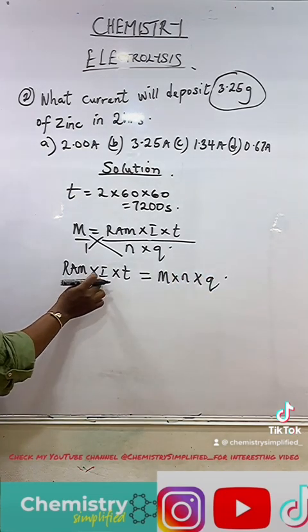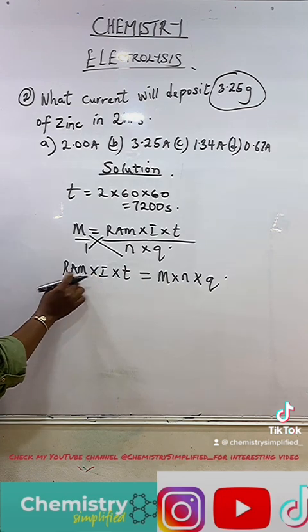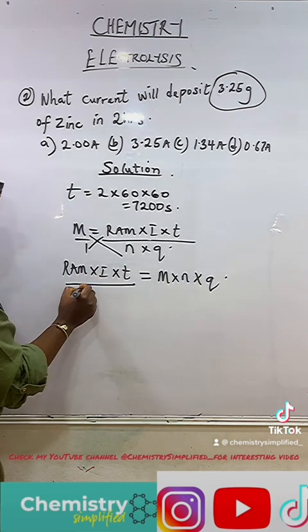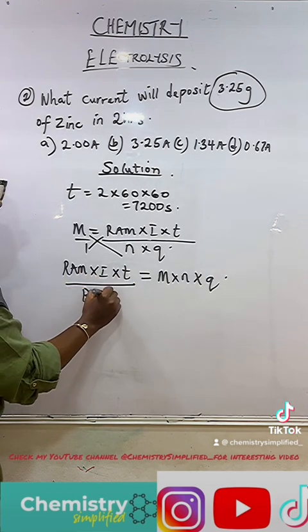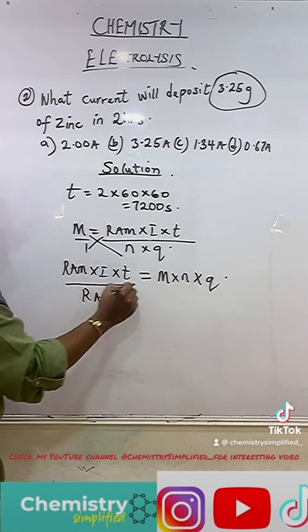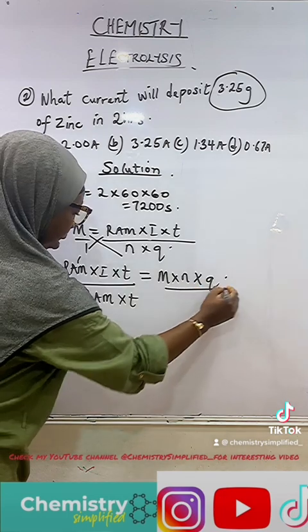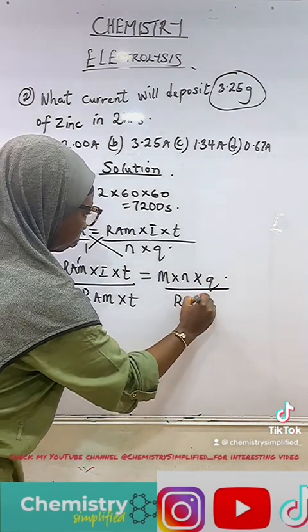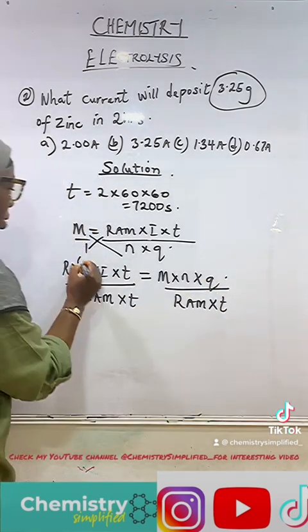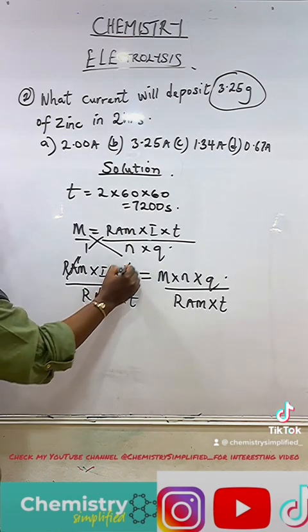Now, to make my I the subject of the formula, I'm going to pick these two, that means divide both sides by RAM times T. So this, we cancel this, and this, we cancel this.